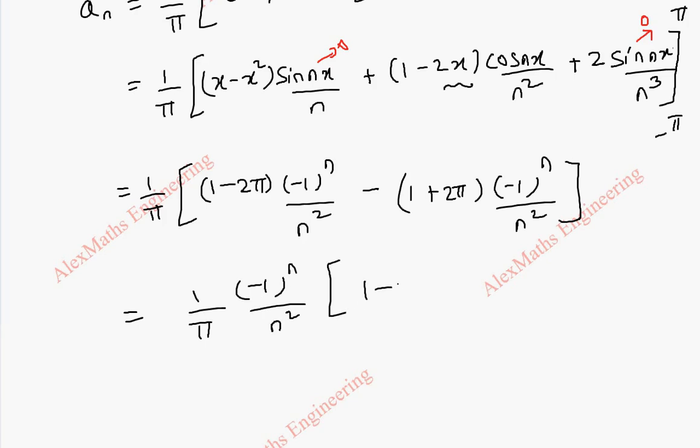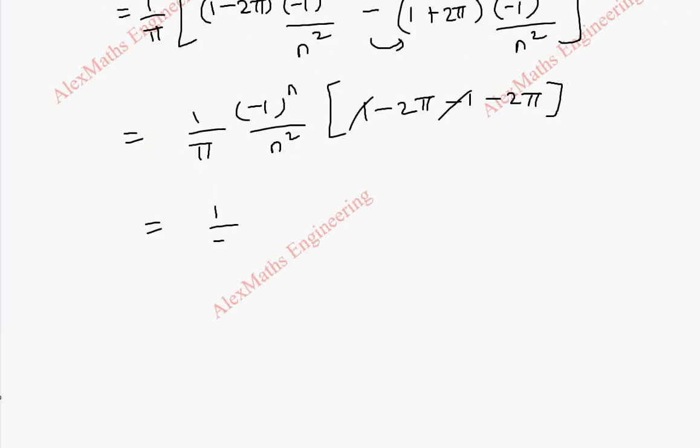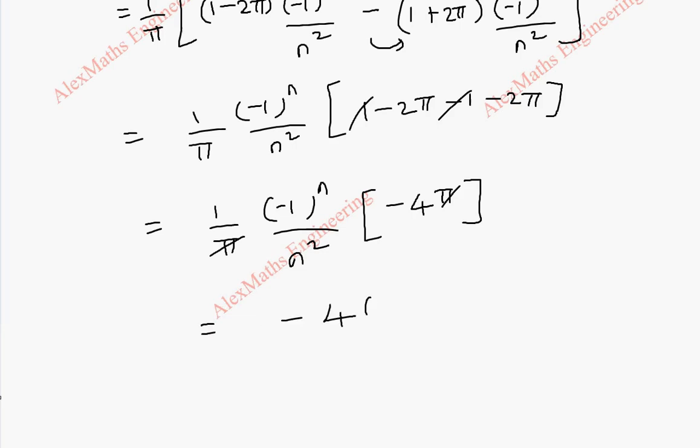So 1 minus 2 pi, and minus of this, so minus 1 minus 2 pi. We can cancel minus 1 plus 1. So finally this is 1 by pi, minus 1 whole power n by n square, and this is minus 4 pi. Now pi we can cancel, and it is minus 4 into minus 1 whole power n by n square.